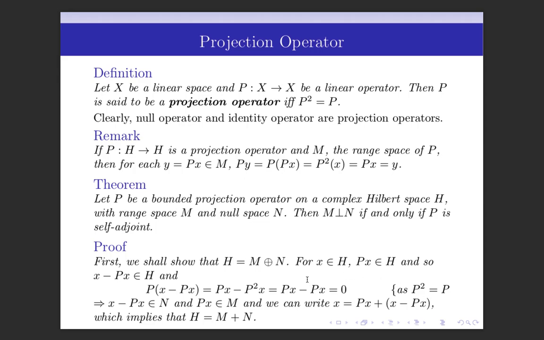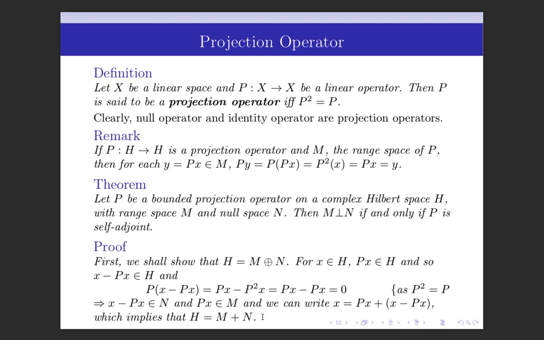That is, we have written x as the sum of an element of M and an element of N. And since x is any element of H, any element of H can be written as the sum of an element of M and an element of N. That is, H is the linear sum of M and N.